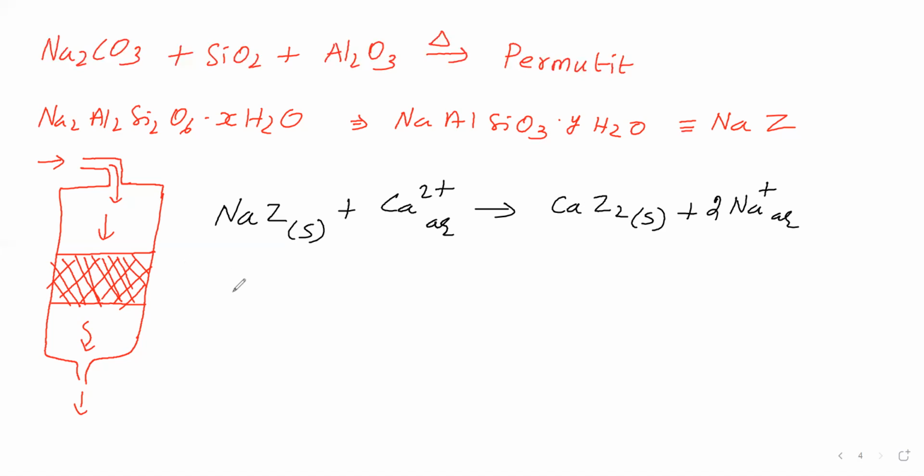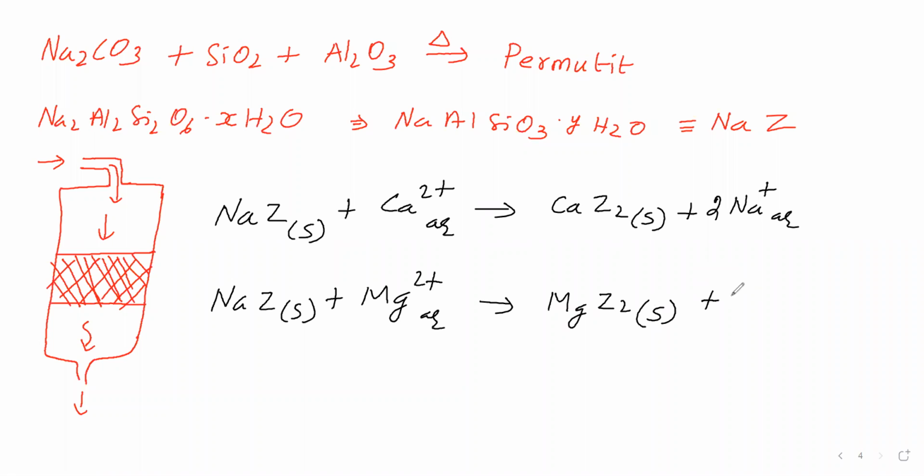Then magnesium ions. How will magnesium ions be replaced? That we'll see. This hard water contains magnesium ions. Now magnesium ions and sodium ions get displaced. Sodium ions enter the water. So this water contains sodium ions, and calcium ions and magnesium ions are not present.